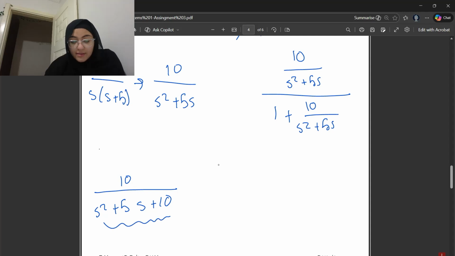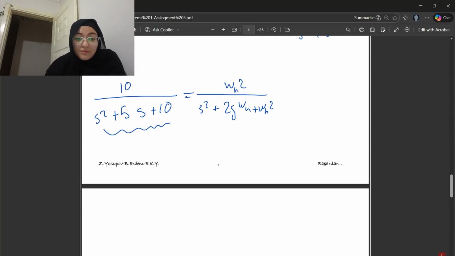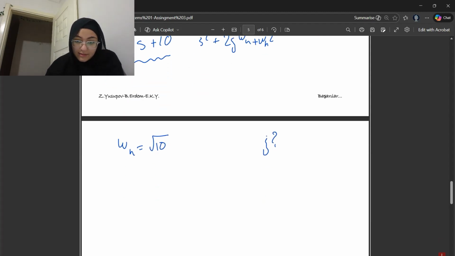And here is the characteristic equation. This equals omega n squared over s squared plus 2 zeta omega n s plus omega n squared. From this equation here, we found that omega n equals root of 10. Okay, and zeta, how will we find zeta? 2 zeta times root of 10 equals 5, from the equation here, like this is equal to this.